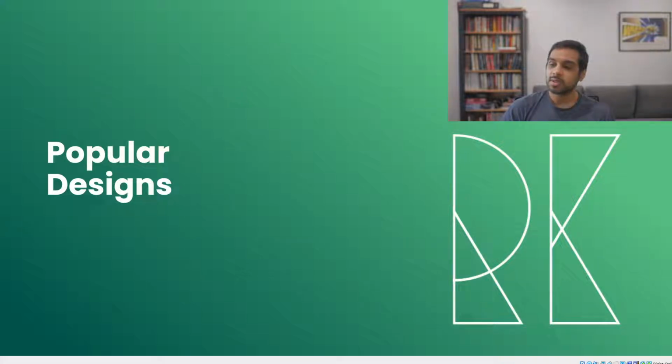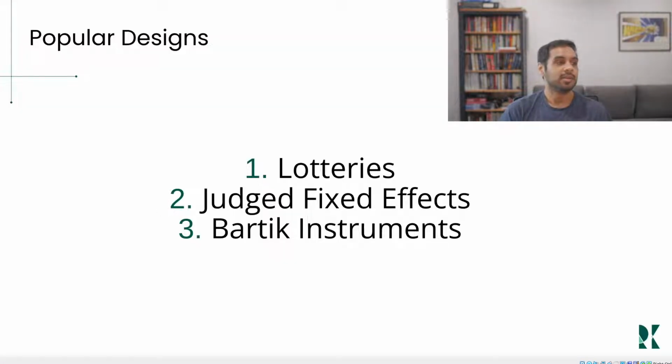And then the last portion was about popular designs for instrumental variable use. There were 3, and I'm just going to list them here: lotteries, judge fixed effects, and Bartik instruments. I will go to the text and we can talk about it more there. Because I struggled so much with understanding the first part of the chapter, other than listing out these seem to be the 3 most popular things from the text itself, I had no original insight that I could list here.